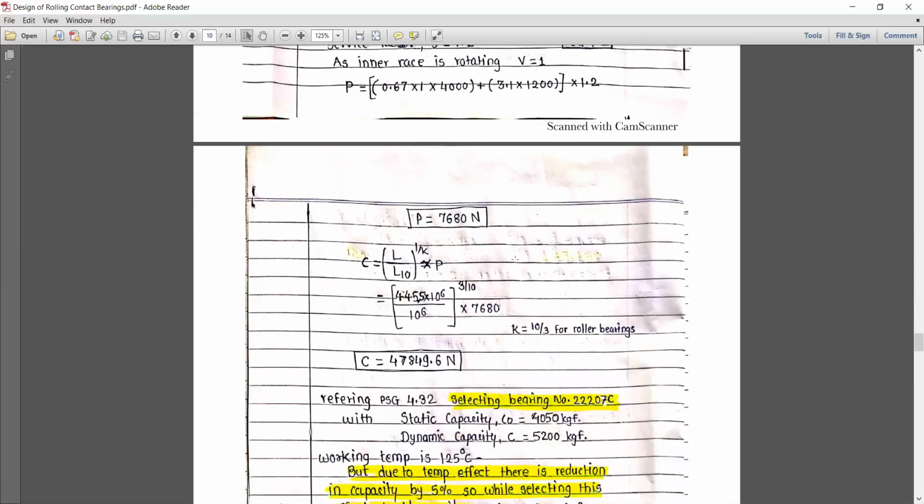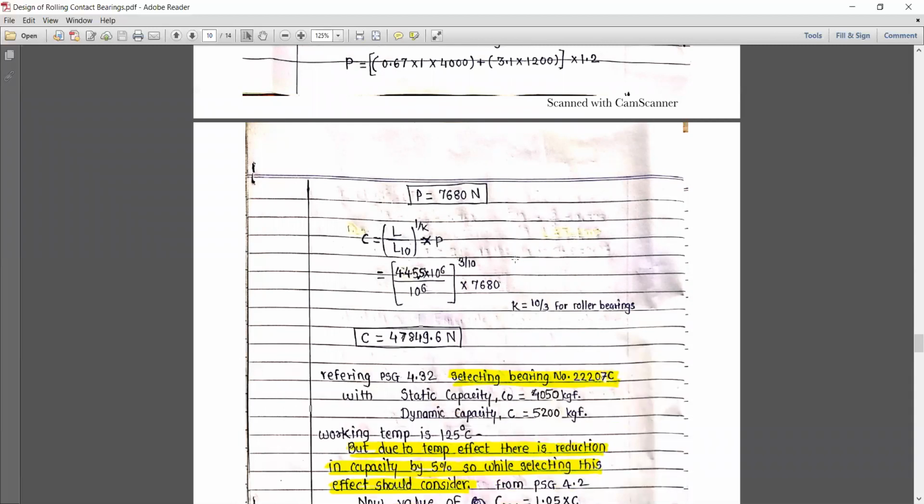Putting all the values of X, V, F_A, F_R, Y and S into the equation, we get the value of P, that is the equivalent load, P is equal to 7680 Newton.